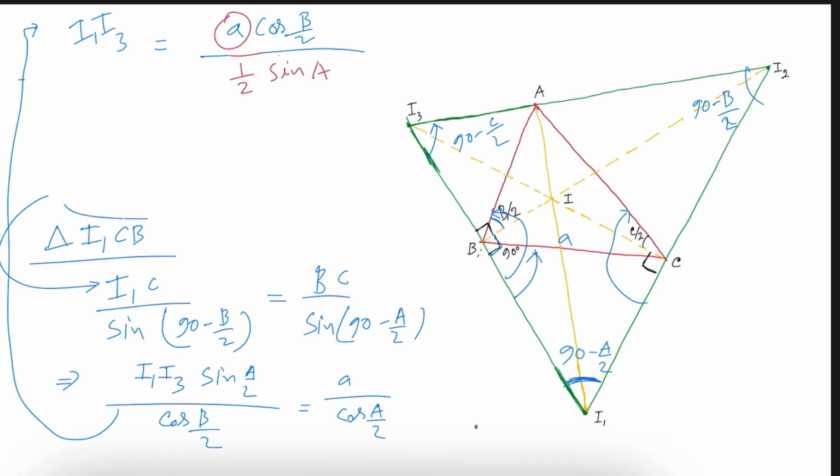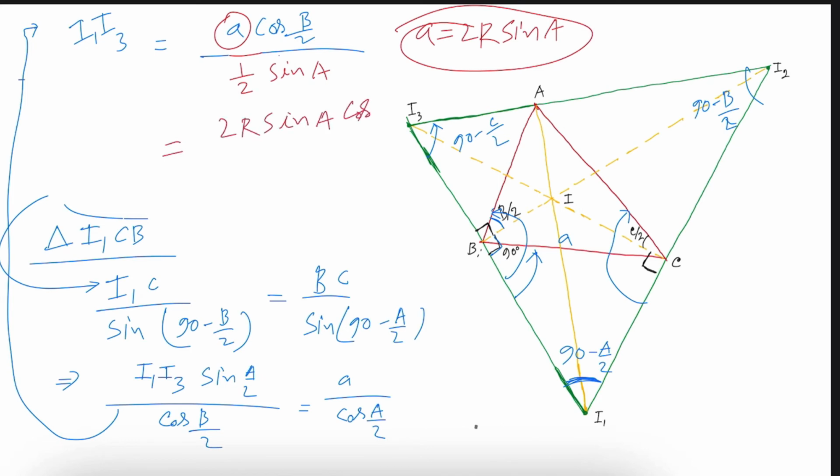But this a, from the triangle ABC, we can write this a is 2R sine A, right? So if we plug this value here, it will be 2R sine A cos B by 2 by half sine A, correct? So this sine A cancels out, so it will ultimately become 4R cos B by 2.